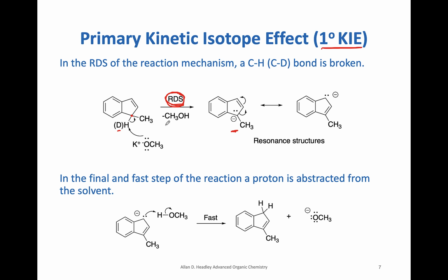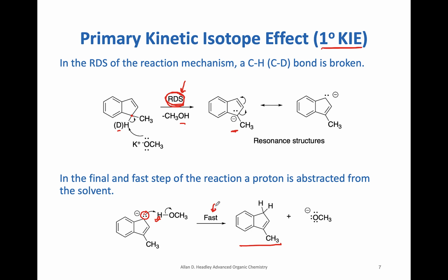This is a primary kinetic isotope effect. Once you have this, here are resonance structures. So now we can put the negative charge here, or the unshared pair of electrons here, which can now abstract a hydrogen from the solvent here, and we get this as our isomerized product. So this would be the mechanism. And very important is that this is the rate determining step, and this is the fast step.